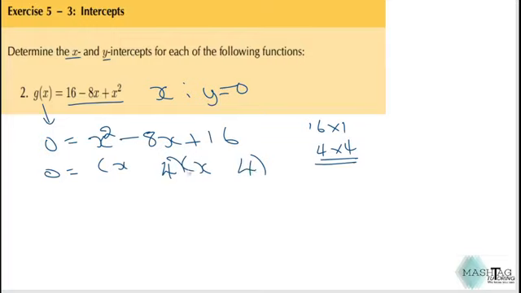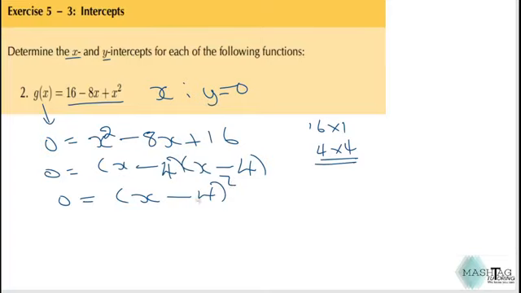Because the middle term is negative and the last term is positive, both 4s are negative. So you have something like x minus 4 times x minus 4. That will give you x minus 4 squared.